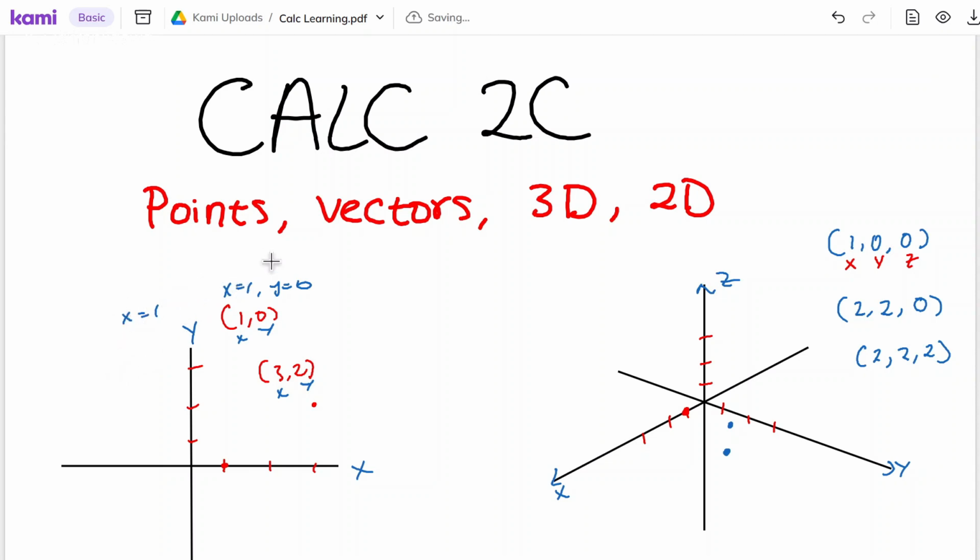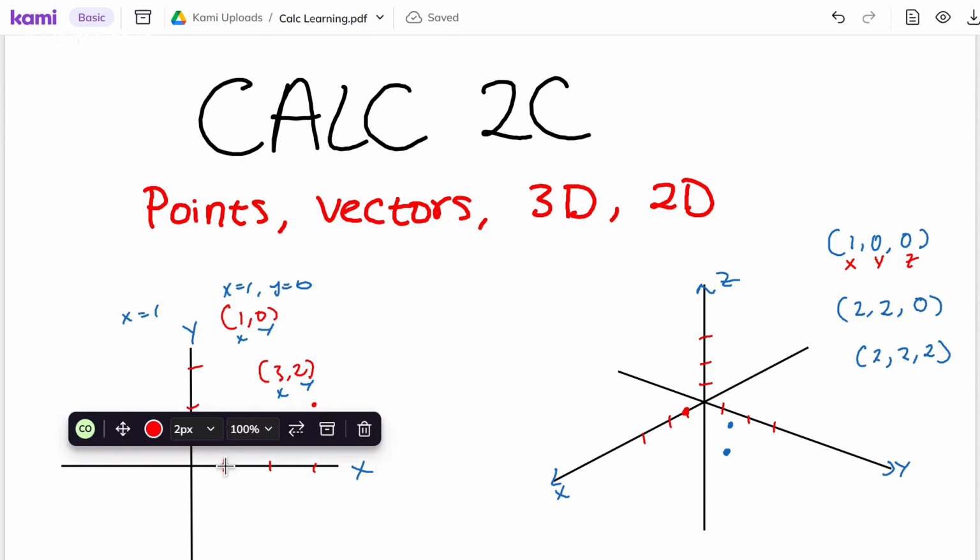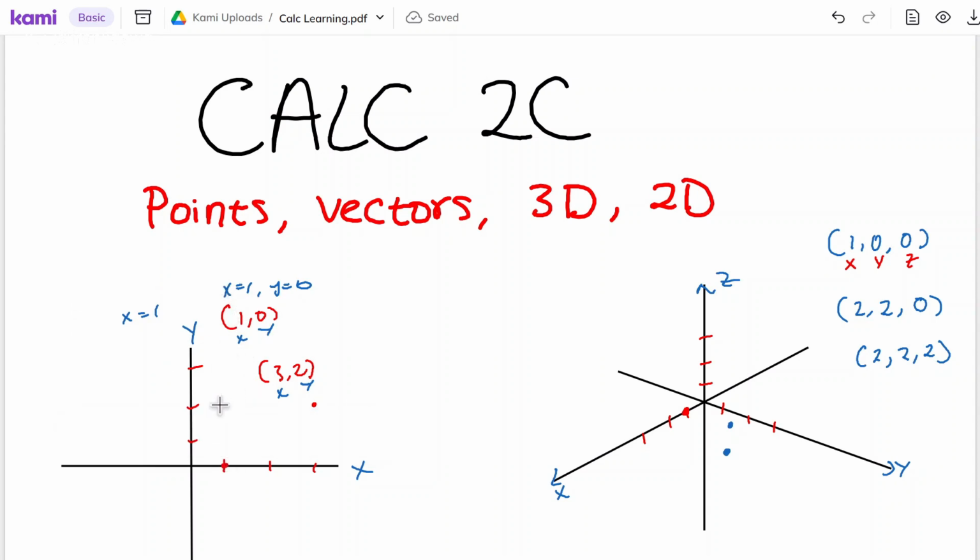When you constrain one of the variables, when there's no y and you only have x, the whole thing changes. It's no longer a point and it becomes a line. And we all know what the x equals 1 line is. It's just where x is equal to 1. So right here, x is equal to 1. And this whole line up here, x is always 1.